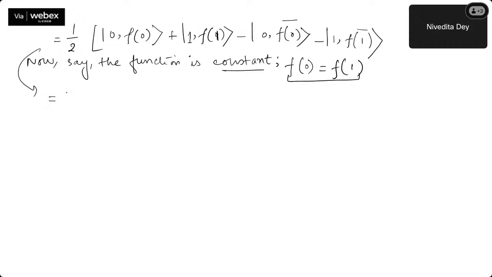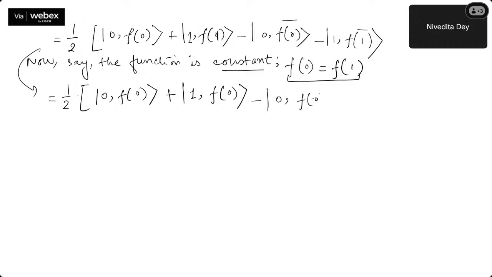So from this line, can I directly write |0⟩, f0, plus |1⟩, f of 0, minus |0⟩, f0 bar, everything in terms of f0 I'm writing, |1⟩, f0 bar. Can I just write it? We can. This is after taking common and all those things.